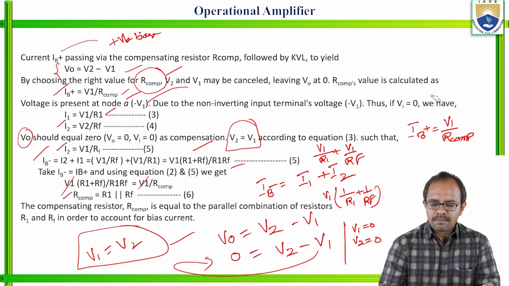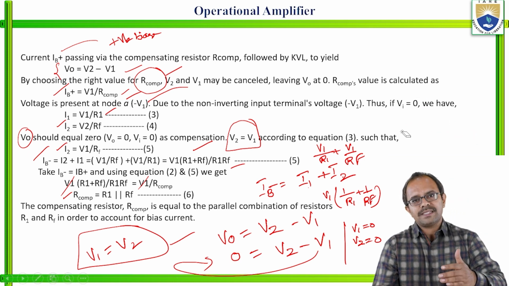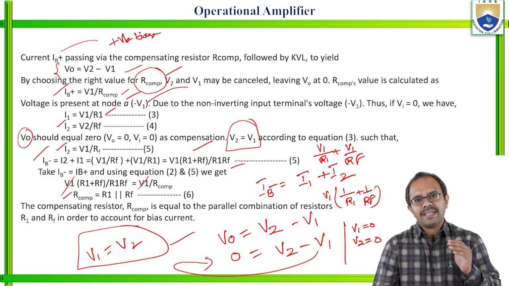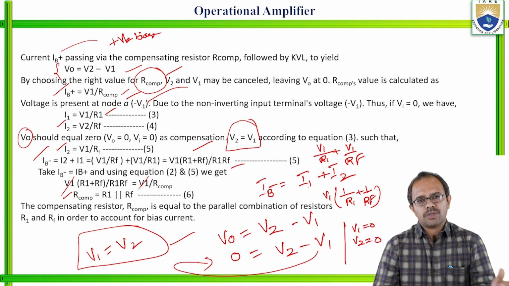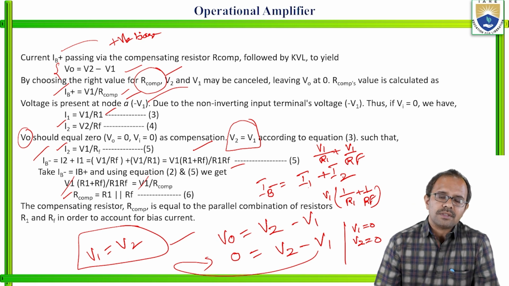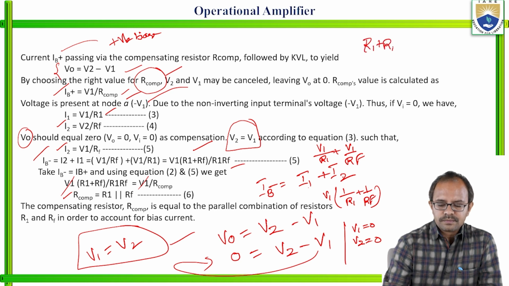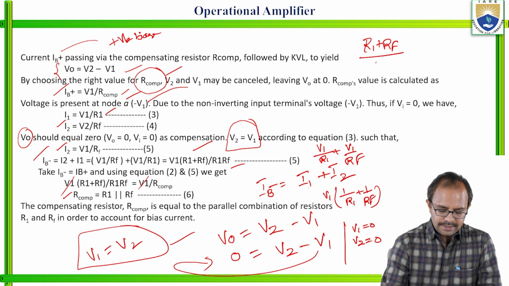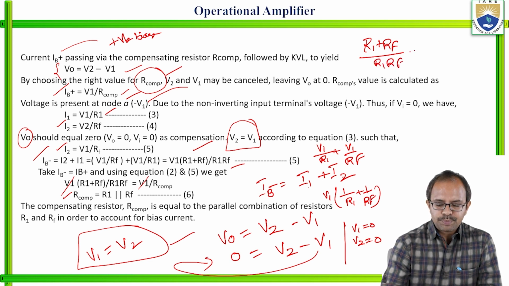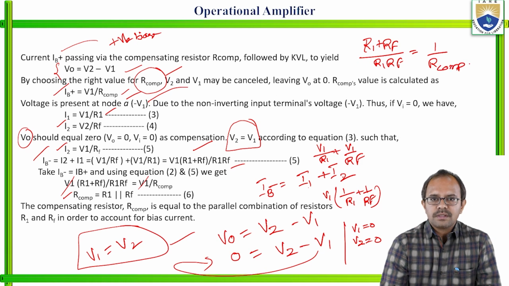What is the expression for the compensating resistance? Here we get, after equating, this is the case assuming VA equal to 0, that is, VA equal to 0 across the inverting terminals of the operational amplifier. So V1 is cancelled out and we are left with (R1 plus RF) by R1 RF equals 1 by the compensating resistance R. What is this expression?